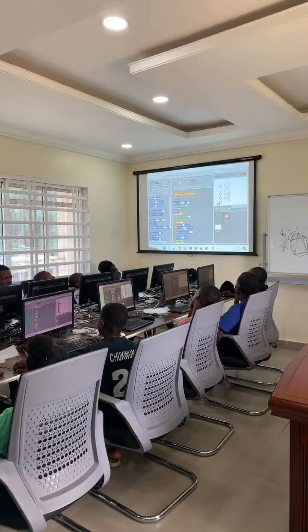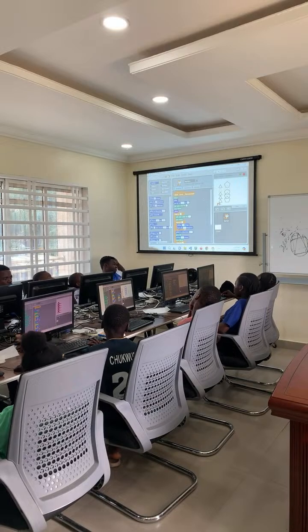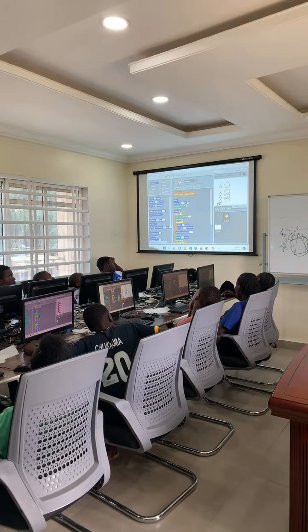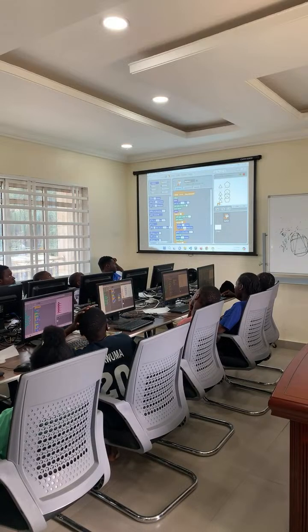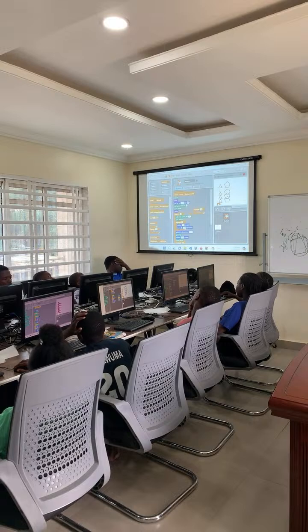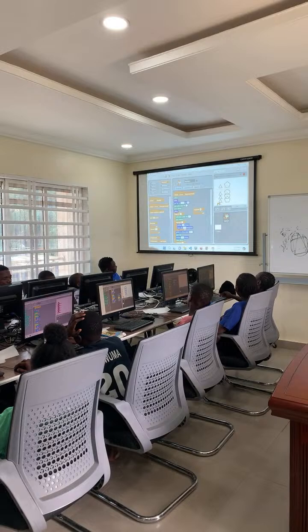So can somebody tell me how to draw a hexagon? Tell me the blocks to use. Repeat 6 times. But why are we repeating 6 times? A hexagon has how many sides? 6 sides.